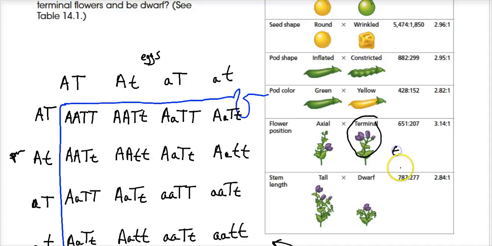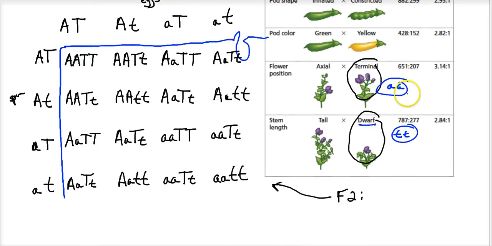Terminal flowers, because we're starting with the A for the axial, would be little a and little a. And then dwarf would be little t. So both recessive alleles need to be there for the recessive phenotype to be shown. And there we go.